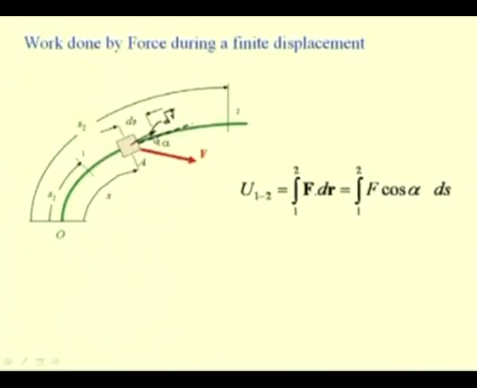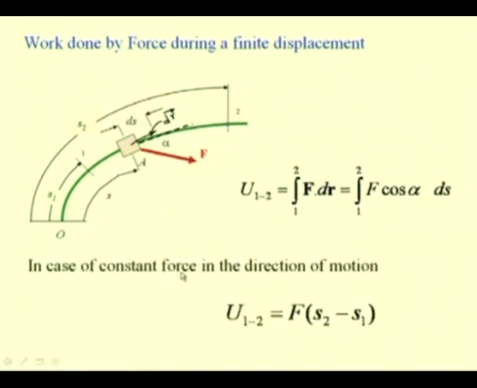Because for small displacement the distance travelled along the curve and along the tangent are the same. So, with that assumption we can write that integral 1 to 2 F dot dr is equal to integral 1 to 2 F cos alpha ds. So, this gives the work done by this force in moving this body or the particle from position 1 to 2.